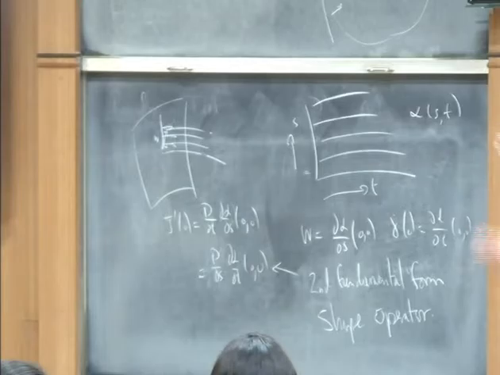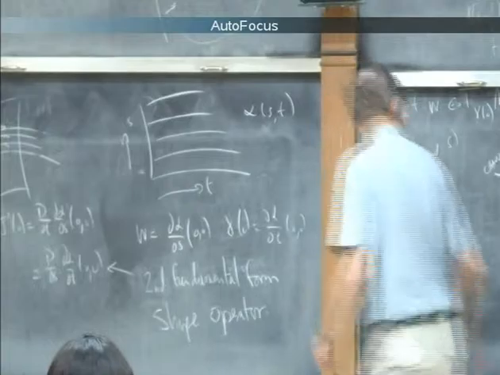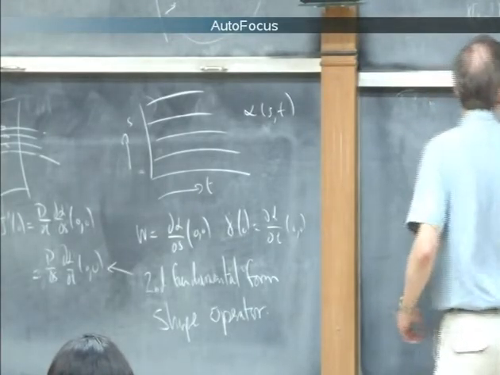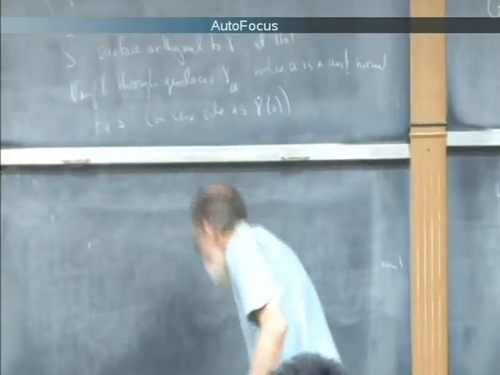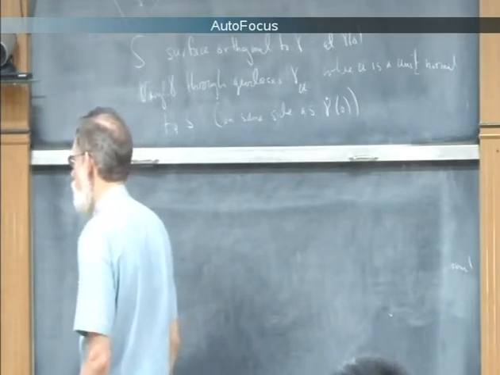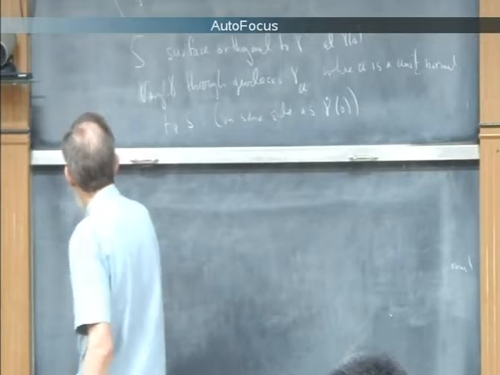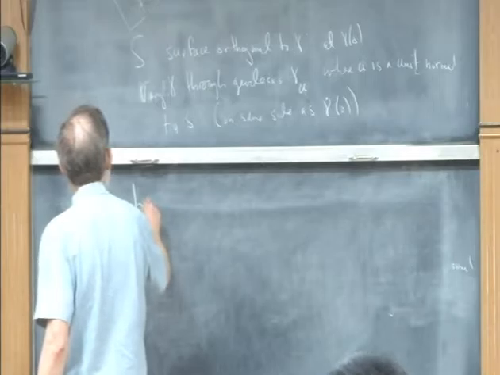So this is a quadratic form that describes the surface. The first-order description of the surface is the tangent plane. This is the next level of description. And this shape operator gives you a symmetric linear map.